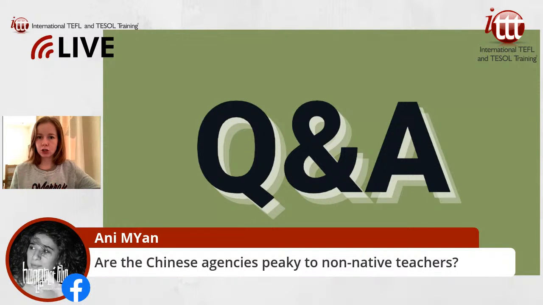Talking about agents, sometimes agents offer schools and managers these people, but the employer chooses just a different person, and there is no explanation why. Sometimes they are quite picky with native teachers as well, and it's really difficult to judge why they do that. I hope that I answered this question, and let me see some other ones.